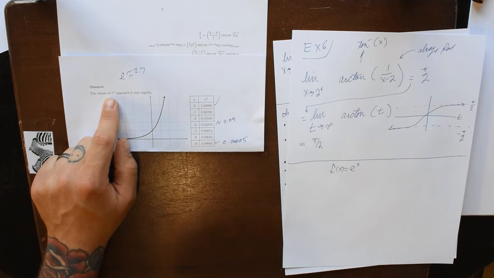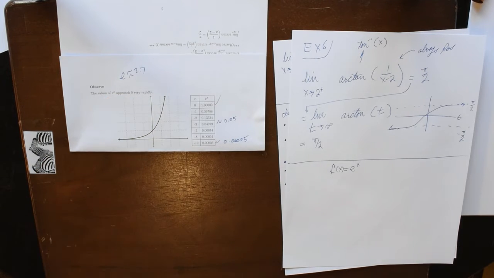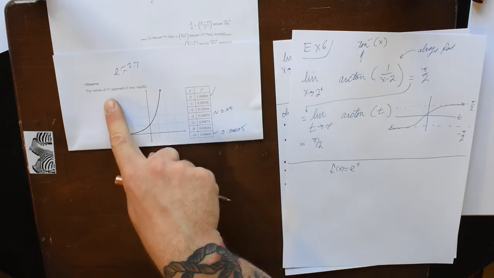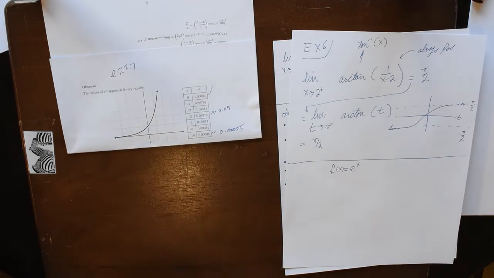So it'll never go negative. It'll never go less than 0, because the only way to multiply a bunch of stuff together and get a negative number is if an odd number of those things you multiply together were negative. So e to the x approaches 0 as x gets closer to negative infinity.